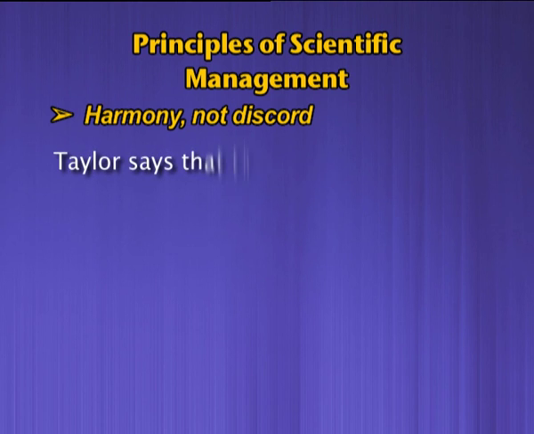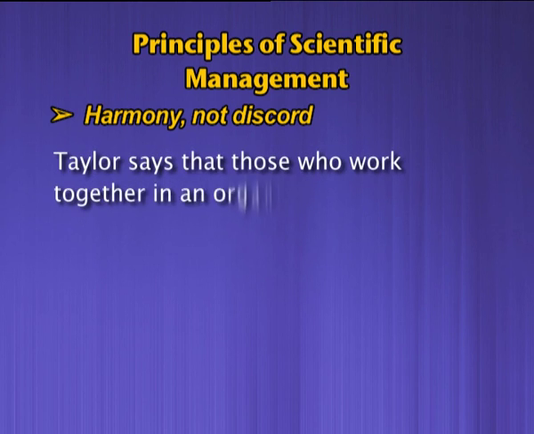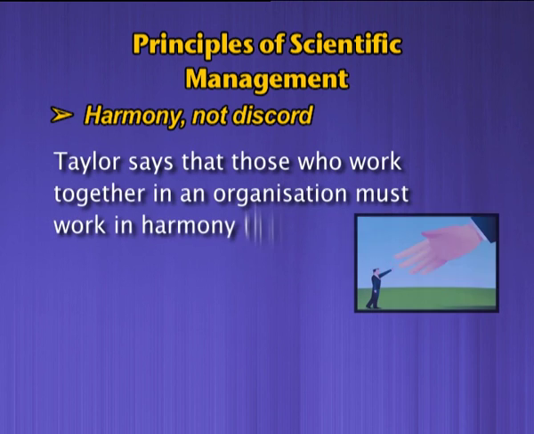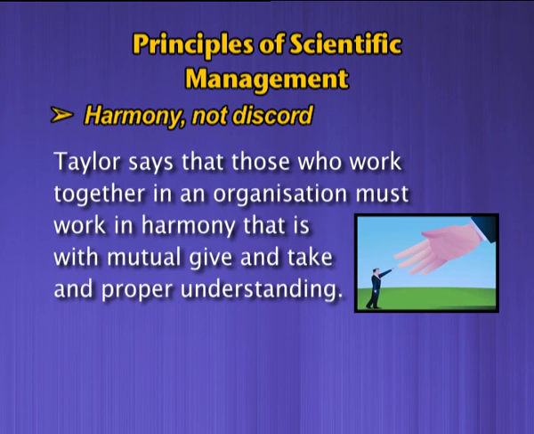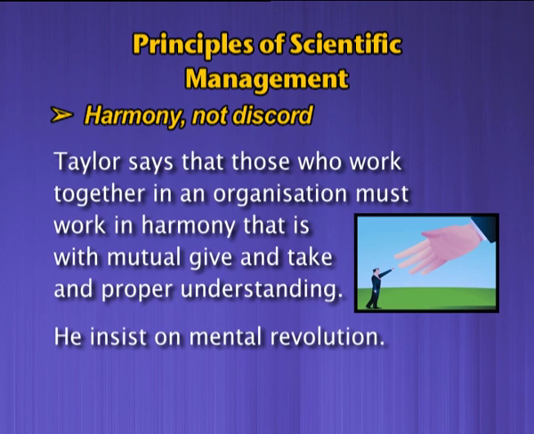Our second principle of scientific management is harmony, not discord. Taylor says that those who work together in an organization must work in harmony, that is, with mutual give and take and proper understanding. He insisted on mental revolution. Mental revolution means we should leave our old mentality of leaving the work or avoiding the work.